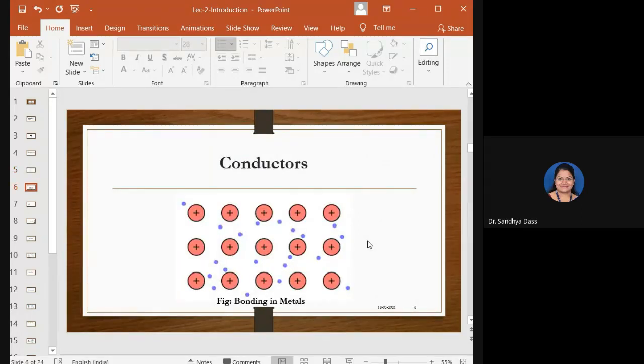Okay, but these electrons will only flow through a conductor if there is something to encourage the movement of electrons, right? So the something here is the electrical voltage. So what we are trying to say is, if an electrical voltage is applied, then there is a flow of current.